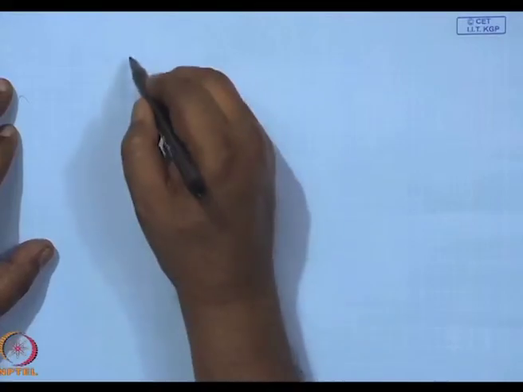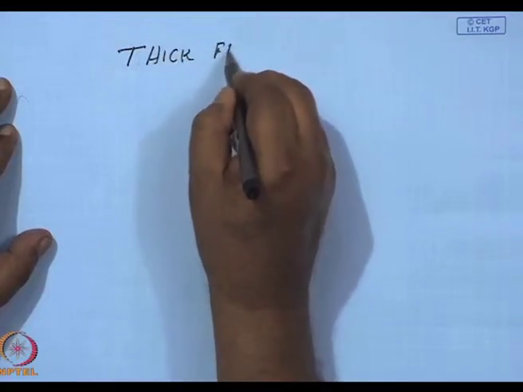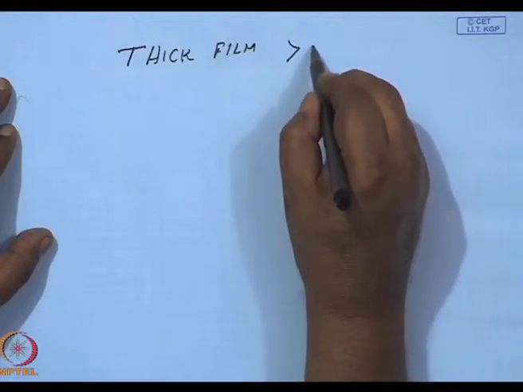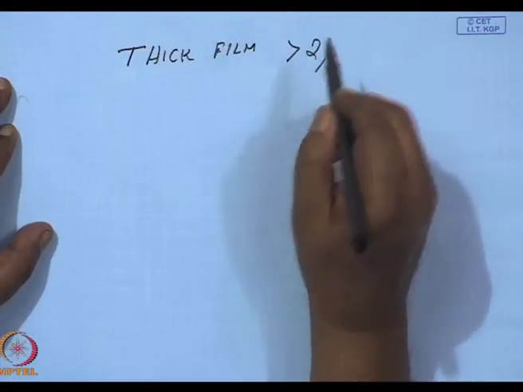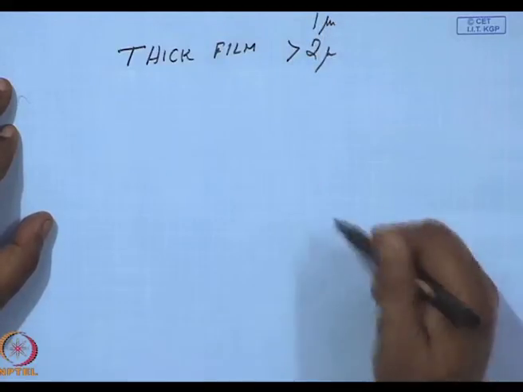The physicists have a basic thumb rule: if a film is thicker than say 1 or 2 microns, it is a thick film. Any film which is greater than say 2 microns or 1 micron, depending on whom we are talking to.